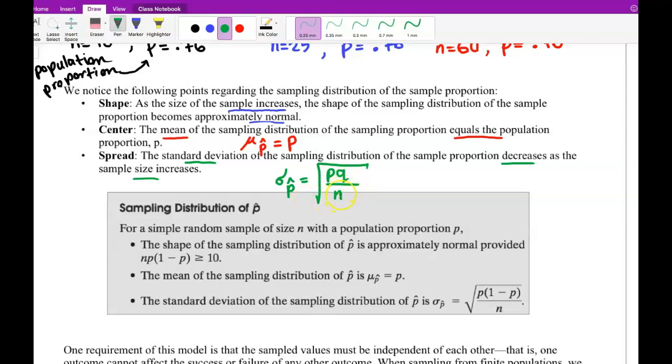So if the sample size increases, this one will decrease.